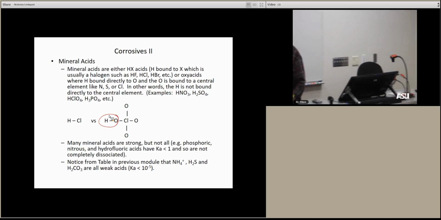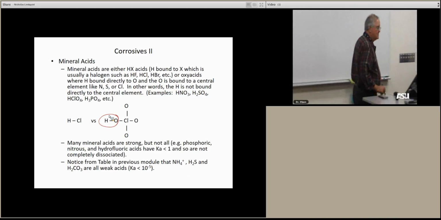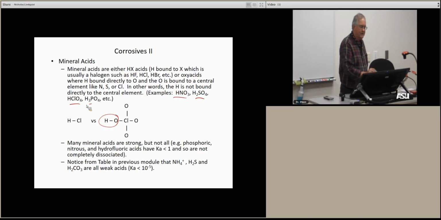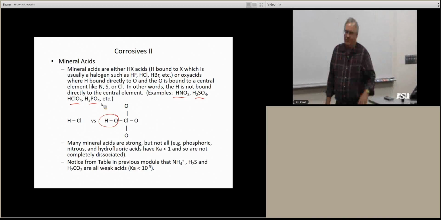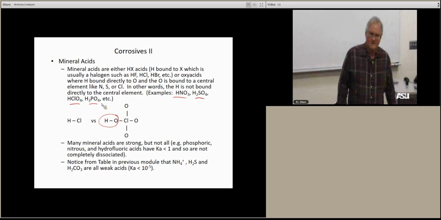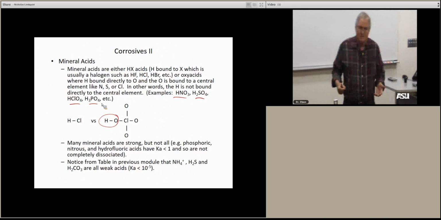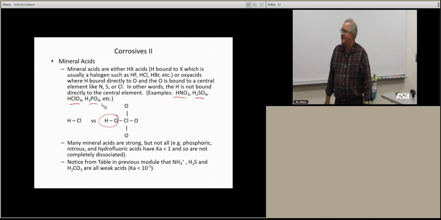That's what we call an oxy acid. And we have a whole bunch of those oxy acids. So we have nitric acid, sulfuric acid, perchloric acid, phosphoric acid. Those are examples of oxy acids. So both HX acids and these oxy acids are what we call mineral acids. And that's distinguished from carboxylic acids, where we have that COOH bond for the organic functional group of an acid.